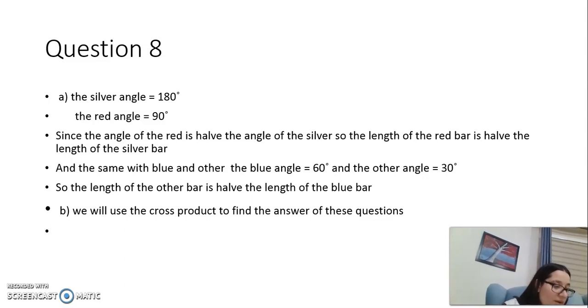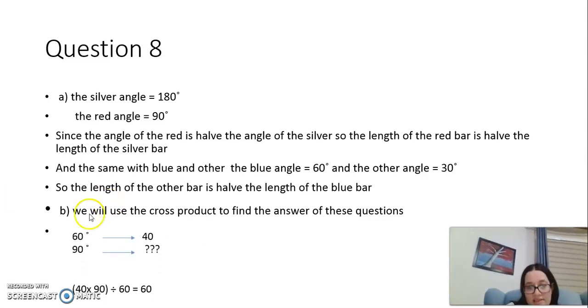For B, we are going to use what? We are going to use the information that says the blue is 60 degrees. Given that 60 degrees equals 40 blue cars. So 60 degrees goes with 40 blue cars. How many cars represent 90 degrees?